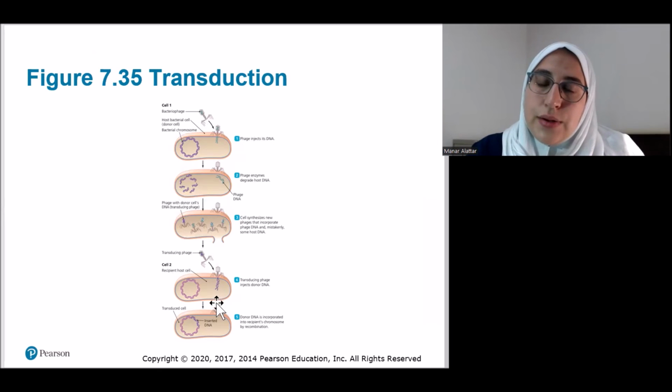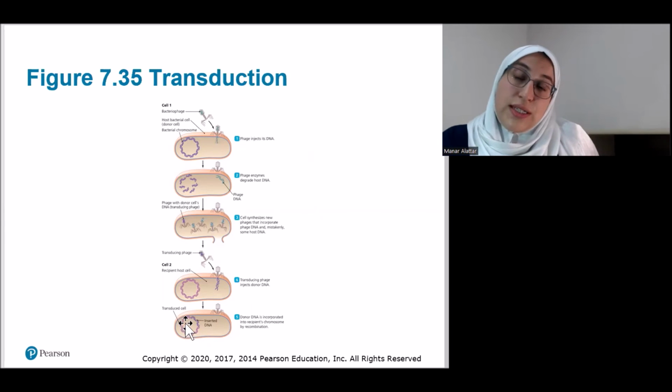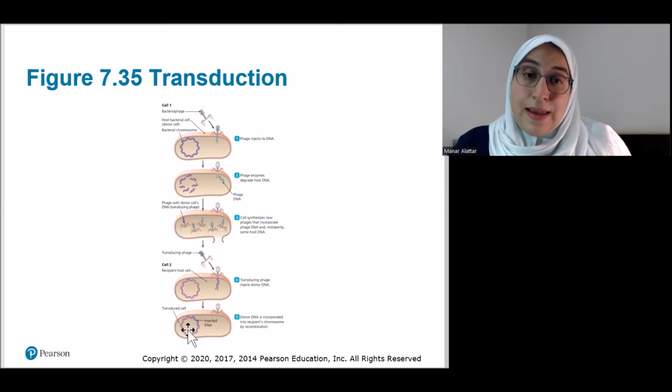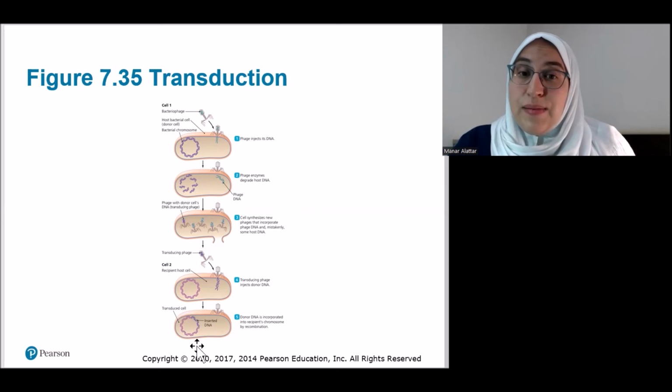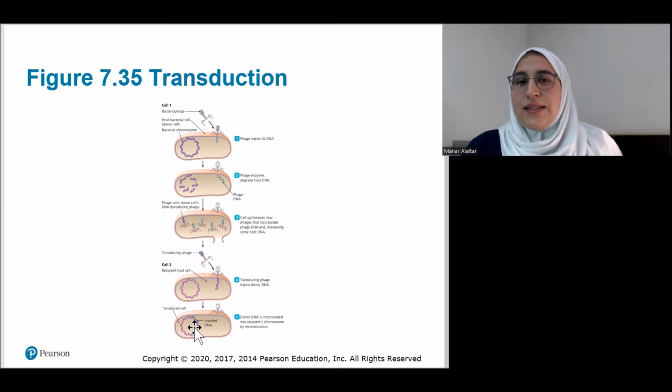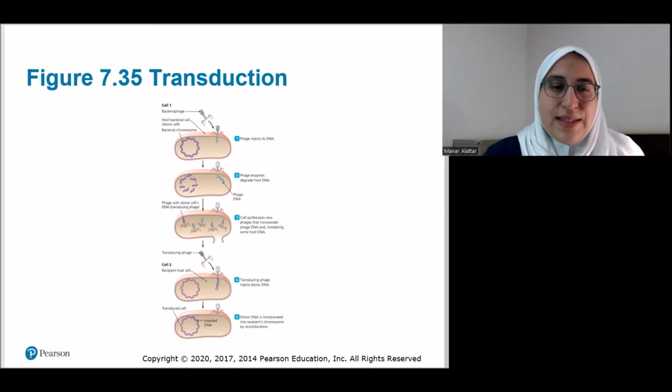But sometimes it will insert its genetic information, remember the lysogenic stage, and just incorporate that genetic information into the DNA of the bacterium. In that case, you have incorporated that new gene into the bacterium, and this is called transduction.